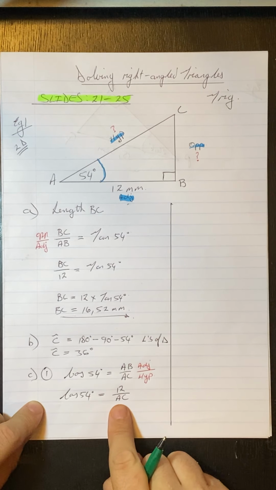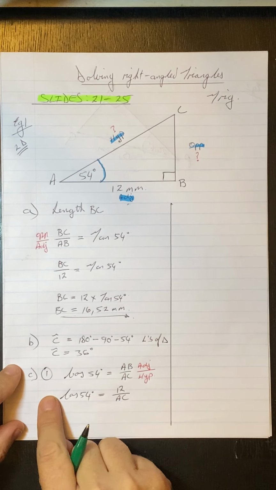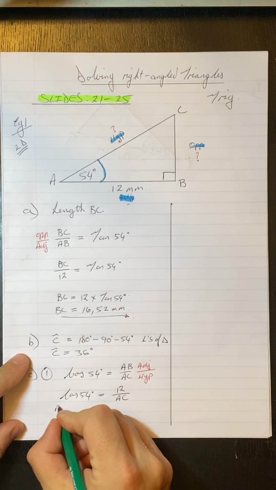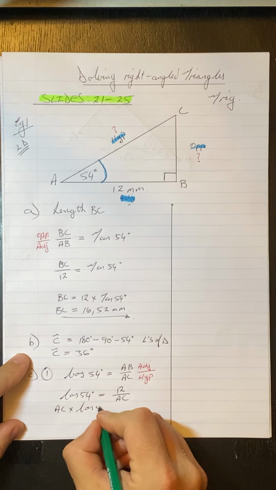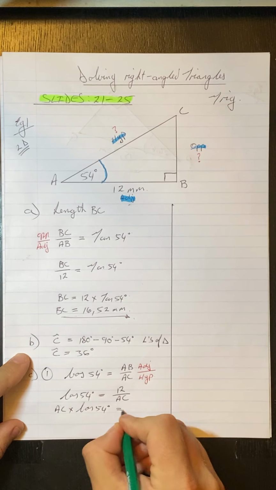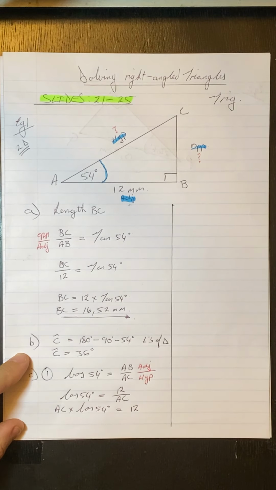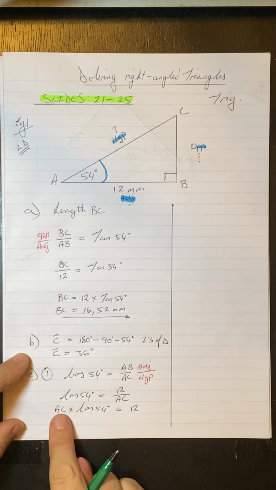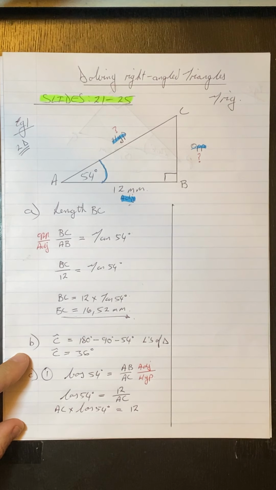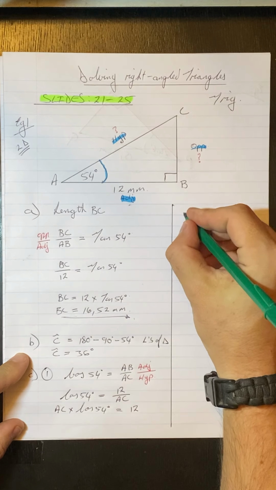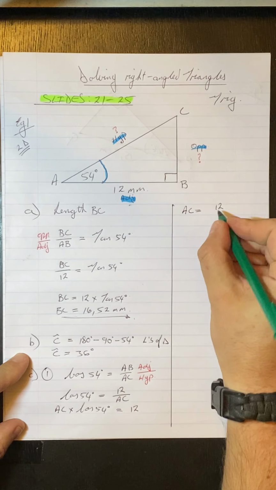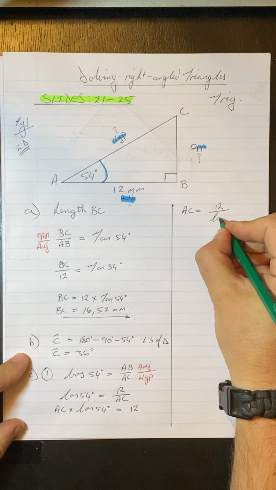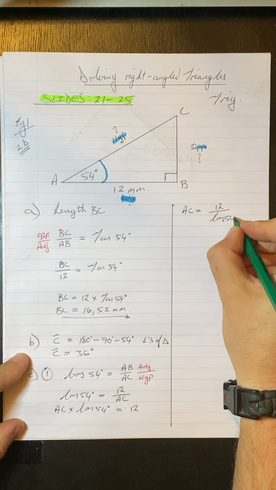So what I'm going to do first is multiply up by AC, and we would get AC times cos 54 is equal to 12. To get the AC on its own, I have to divide by this cos 54. So we get AC is equal to 12 over cos 54.